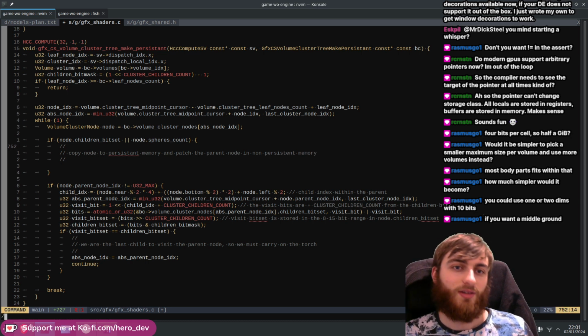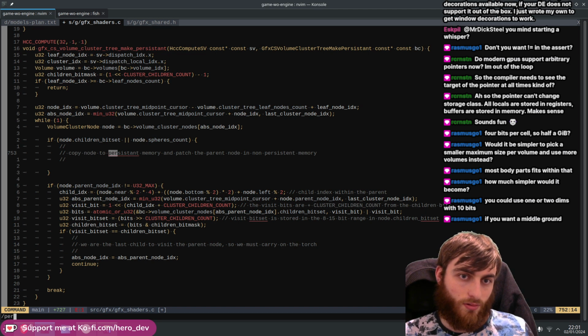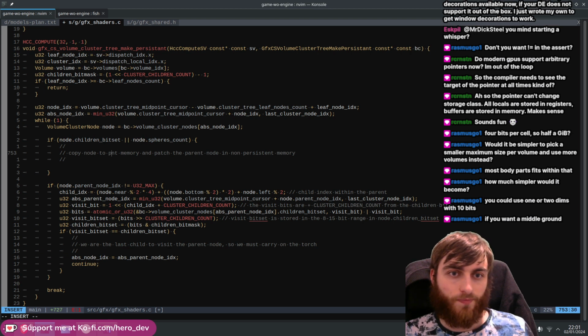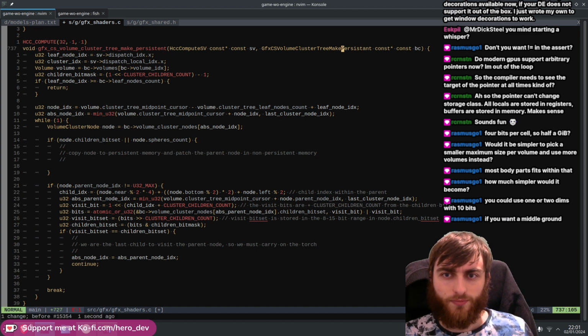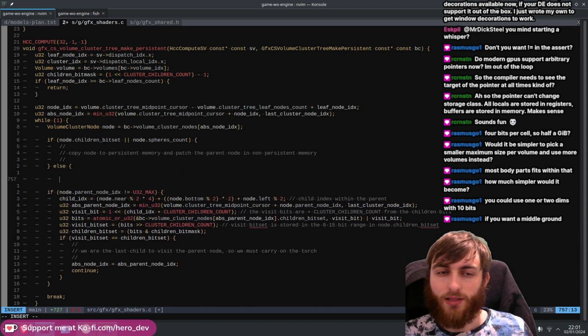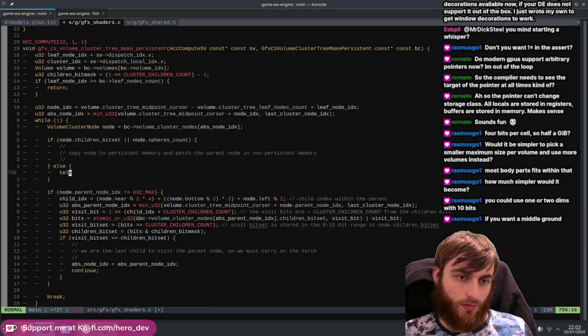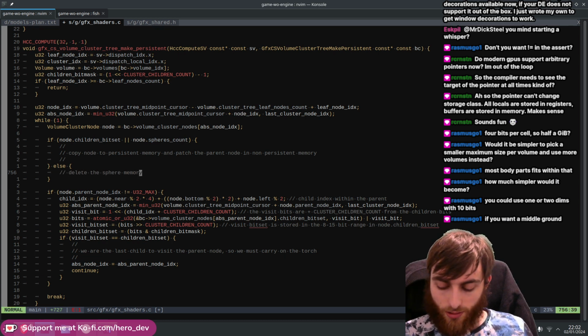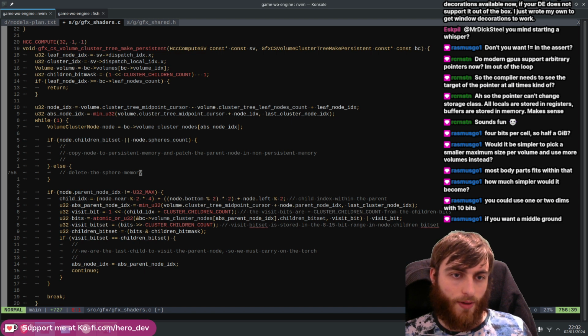Oh, it's persistent, damn it. English. Damn it, English. And then this one, you'd need to delete the sphere memory, right? Delete the sphere memory. We could have done it earlier, but here it would probably be better.